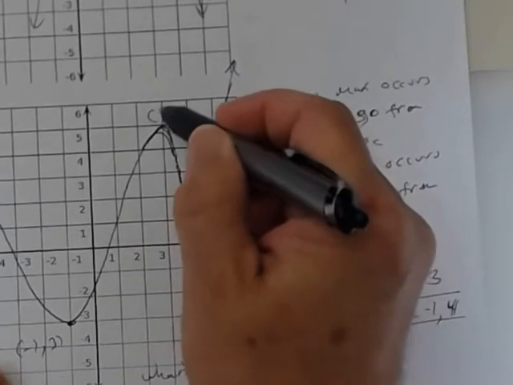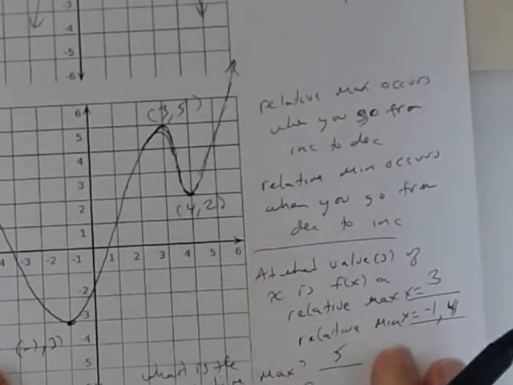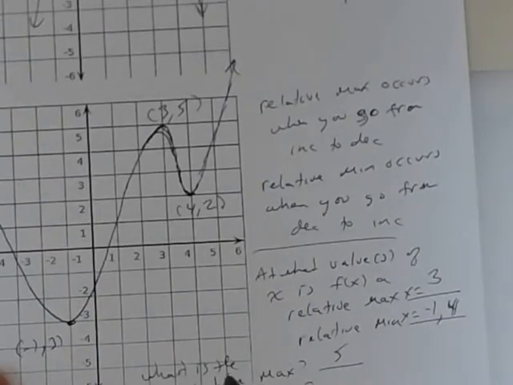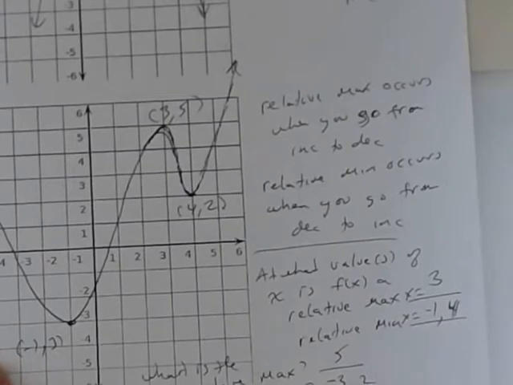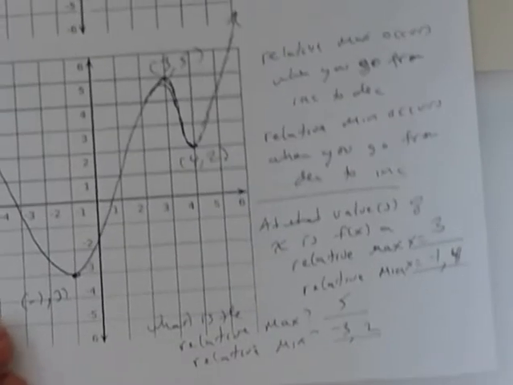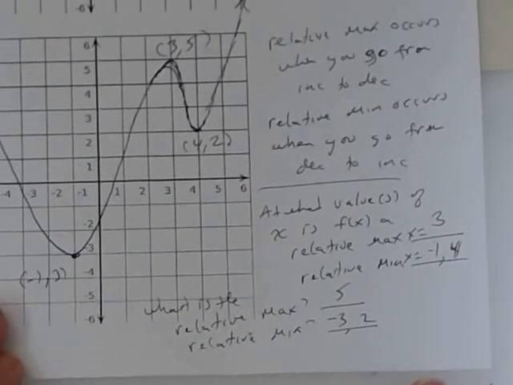And this is 3, 5. So the relative min, the smallest y value occurs at what y value? Negative 3 and 2. So negative 3, comma 2. Okay? So that's what you would put here.